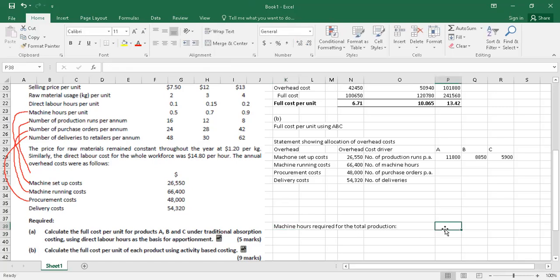We see there are three products A, B, C. Machine hours per unit given is 0.5, not 0.1, I'm sorry. Then we have 0.7 and 0.9.